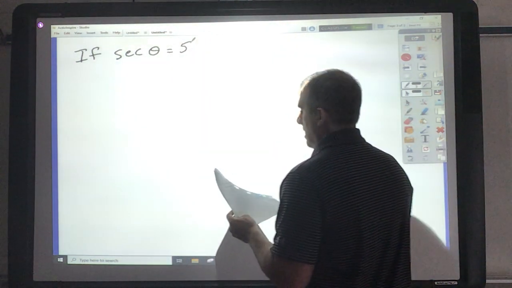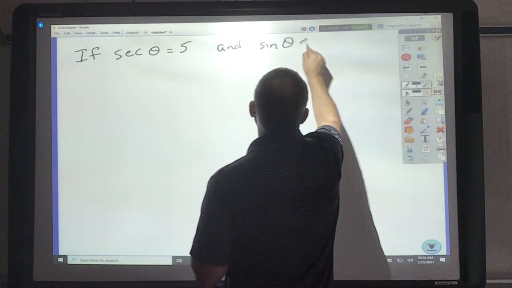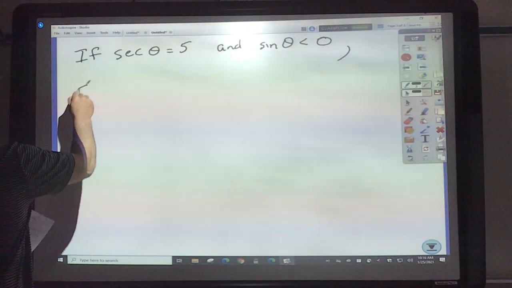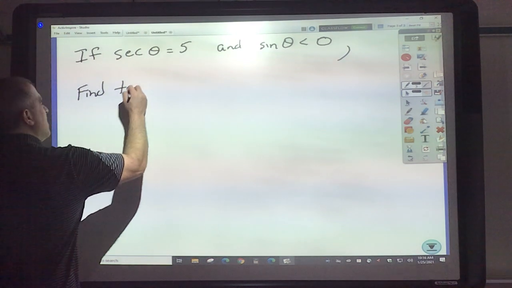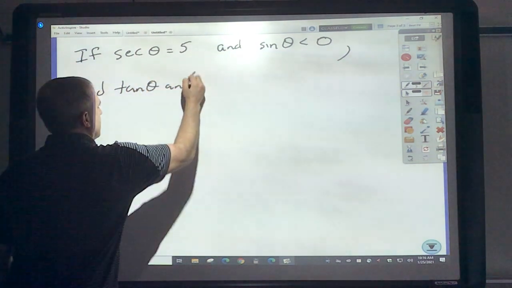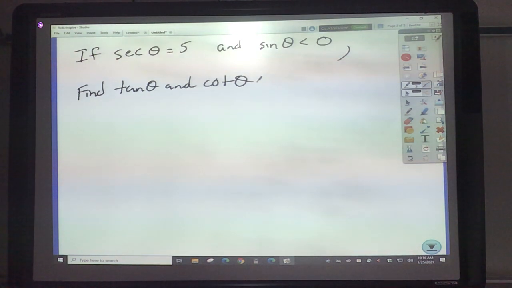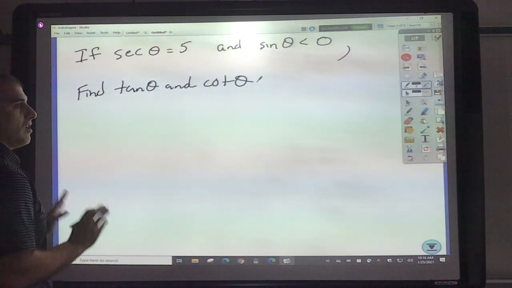Okay, and sine of theta is less than 0. Find tan of theta and cotangent of theta. Okay, this is a little bit of a thinking question. All right, first of all, I want to draw the triangle.